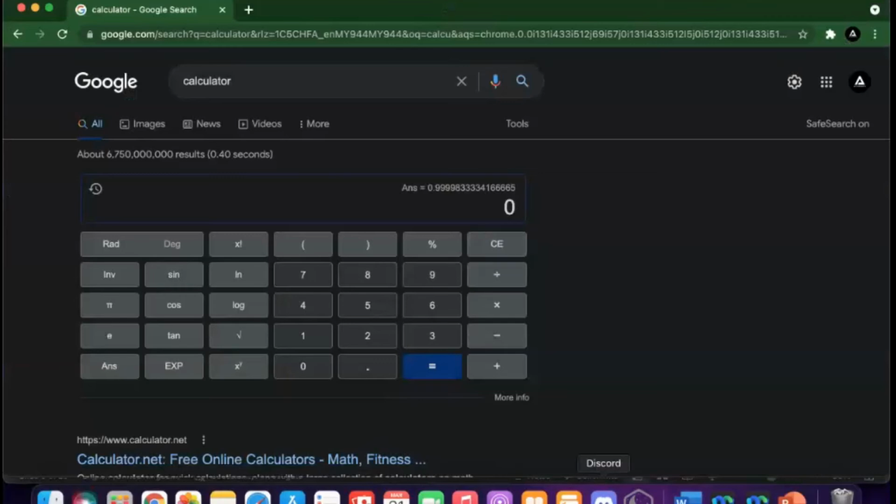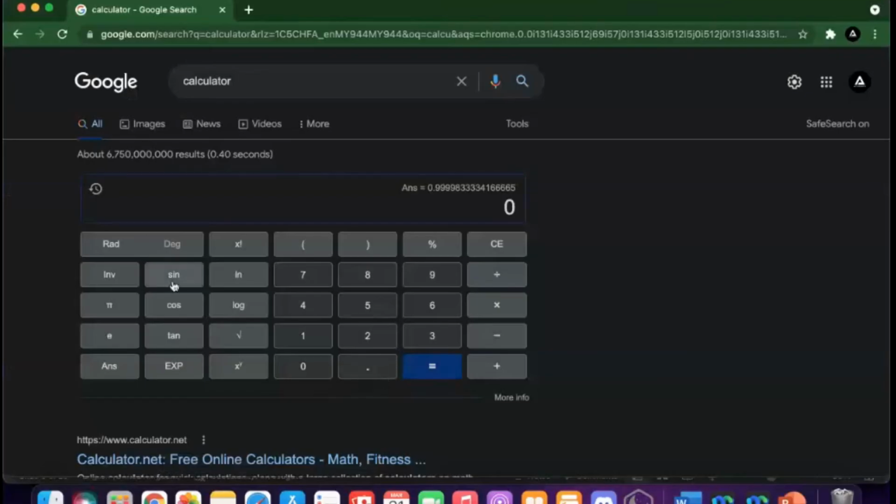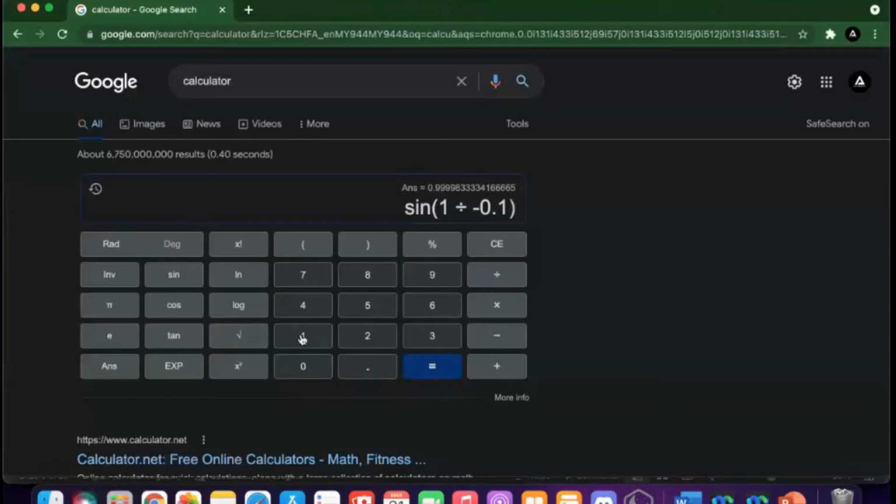So x is approaching 0, and the x value is negative 0.1. You guys should help me later on. So sine of negative 0.1, and x value is negative 0.1. So I just replace the x value with negative 0.1.